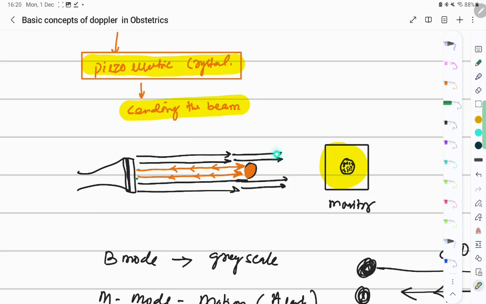But a few sound waves will not hit the object, they will just pass away, so that is not reflected in the image. The sound waves which get reflected at the object are displayed on the monitor like that.